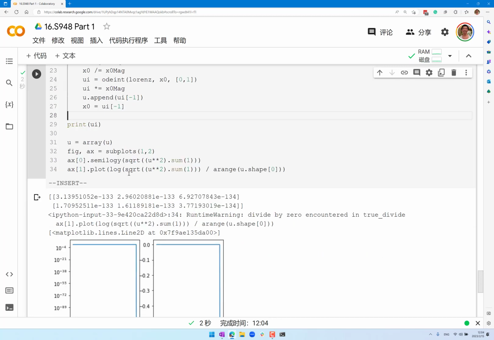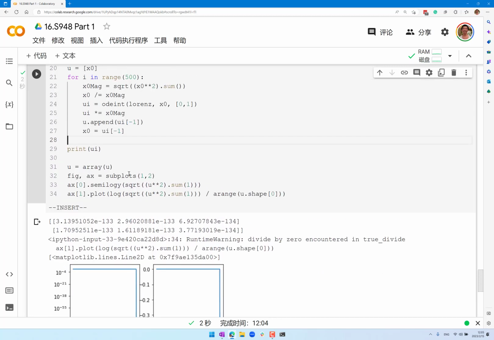Okay. Appending the ui minus 1. So ui actually became very small. Yeah. Okay, so what I'm suspecting is that I need to actually copy this.